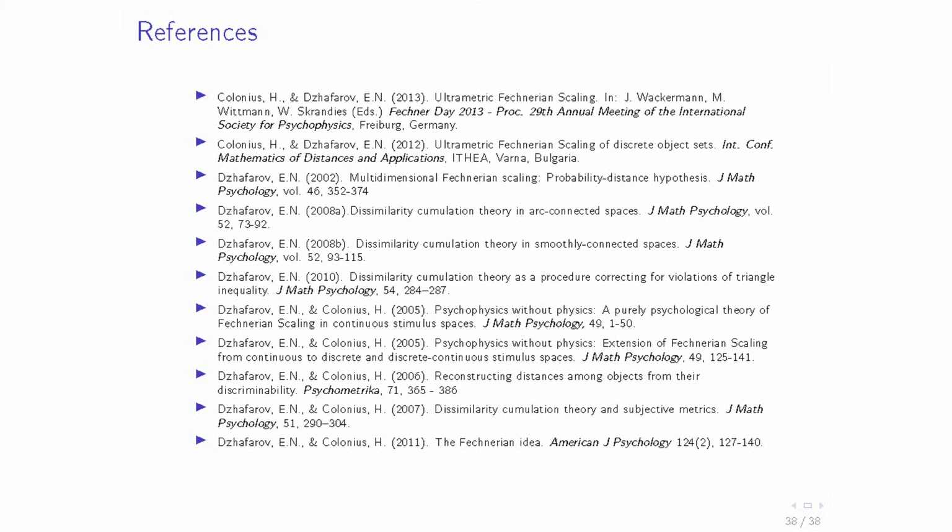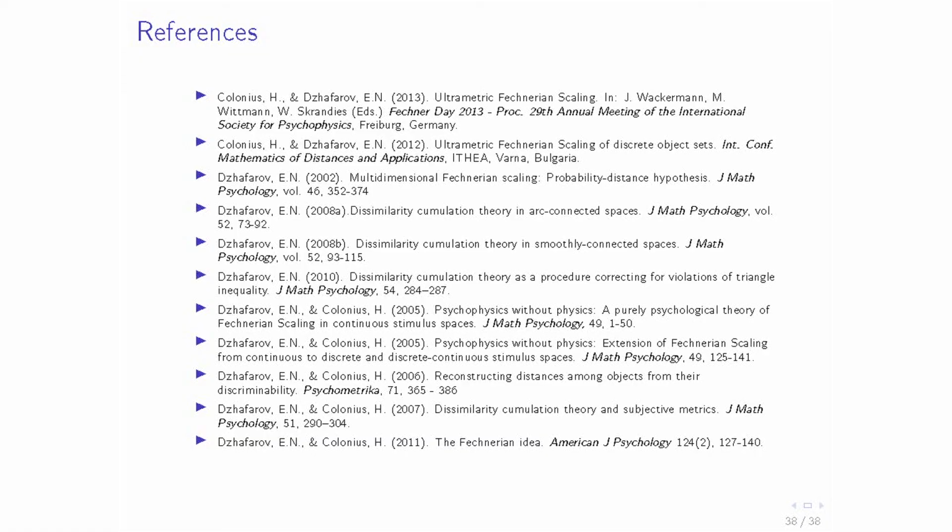This is a paper in 2006 in Psychometrika where we show how to compute these Fechnerian distances in the case of the finite set of data. And the most recent paper is the Fechnerian idea in the American Journal of Psychology, where we show that Fechner's derivations of his law are actually mathematically without fault, taken with a grain of salt, perhaps.